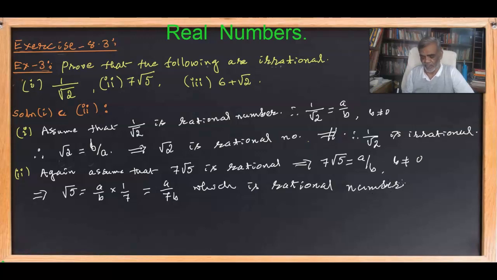What we have proved here is that root 5 is a rational number.